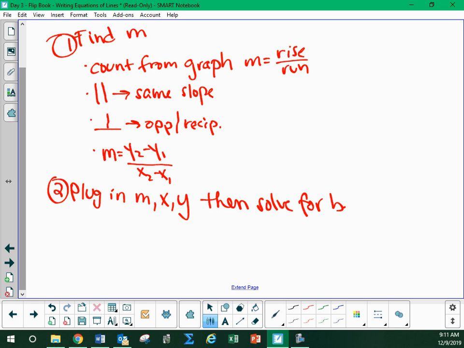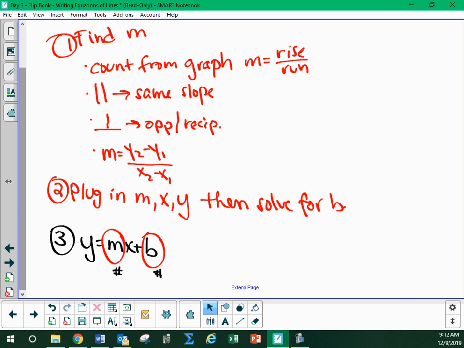Find your slope. Once you found that, then find your b value. And don't forget to put it in for y equals mx plus b. And all we're replacing is our m and our b. Put a number in for m and a number in for b. And that's it. So I'm going to grab the practice for you to start working on.